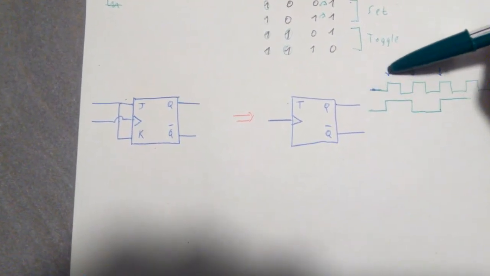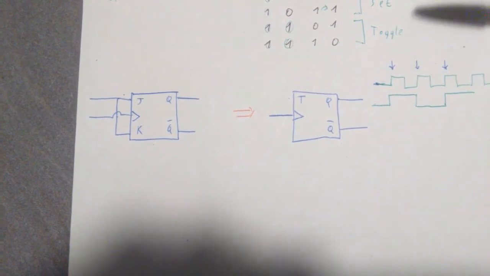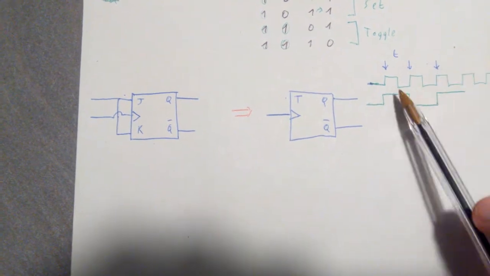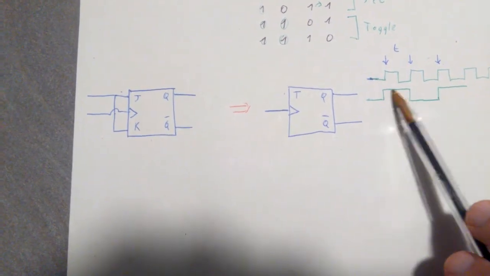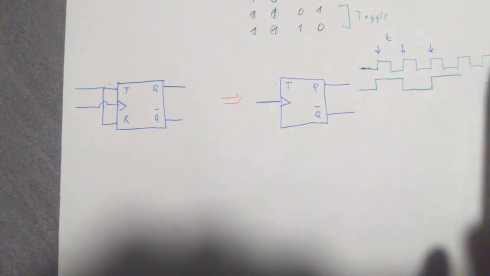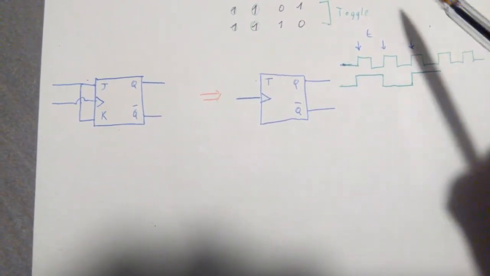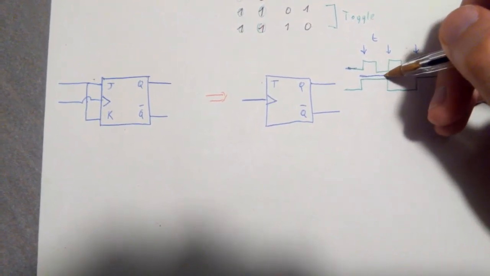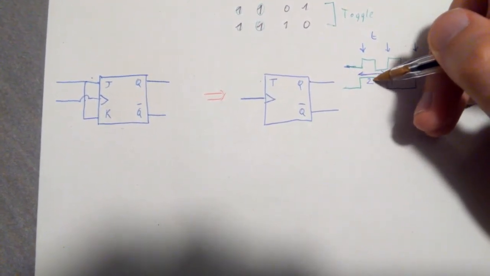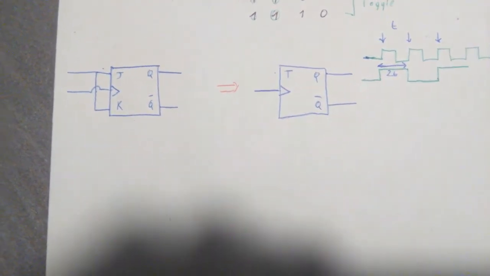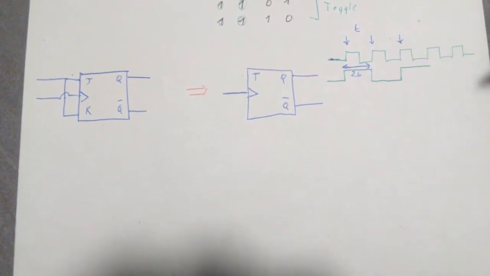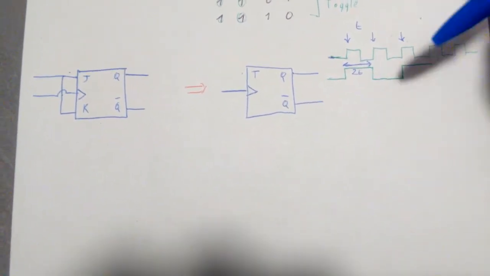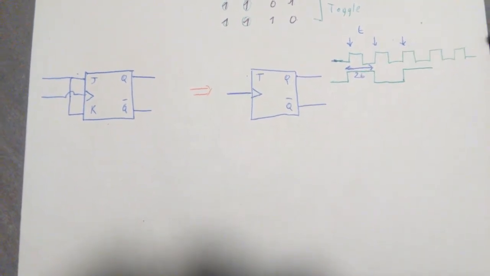because the input has this period here. We're going to call this T. But you can see the output here is toggling on every rising edge, and the period here is basically twice, 2T. You can also chain more of them together if you want to divide by not just 2, but something more.